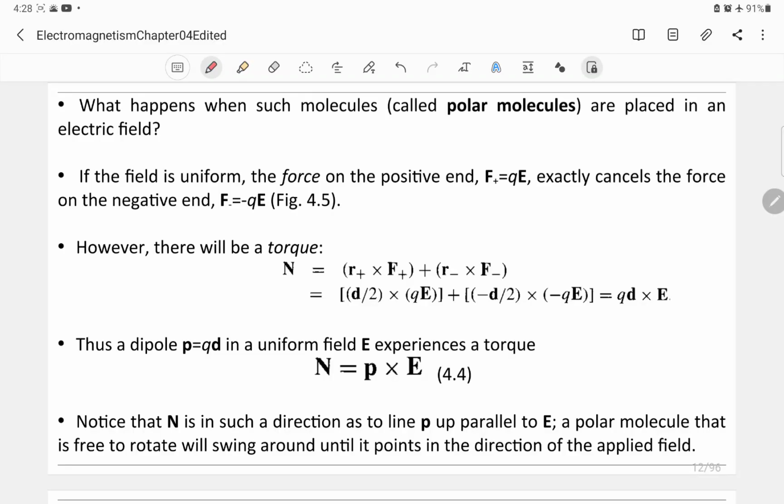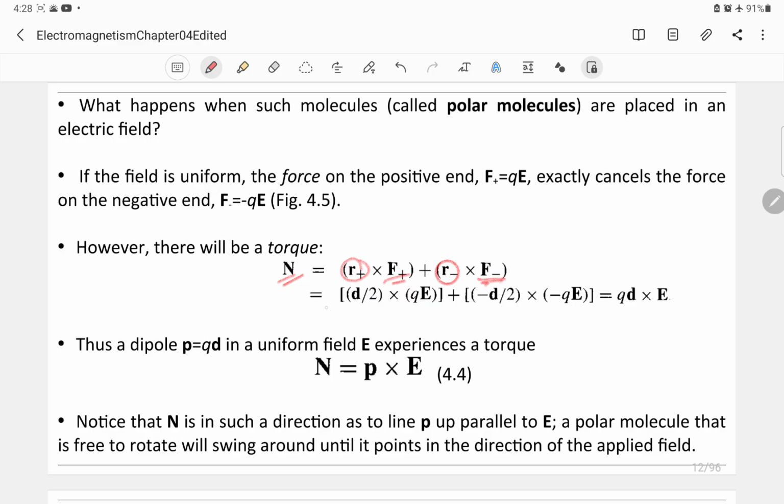So let us now calculate the torque on H2O. You have N. So the torque is the distance of the positive charge from the center, from the pivot point, times the force on it, plus the distance of the negative charge from the pivot point times the force acting on the negative charge.